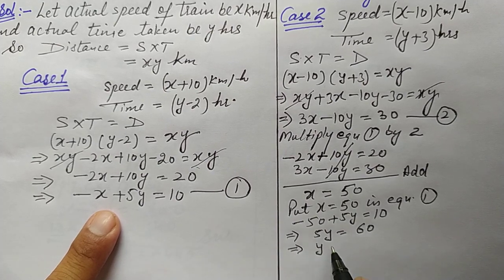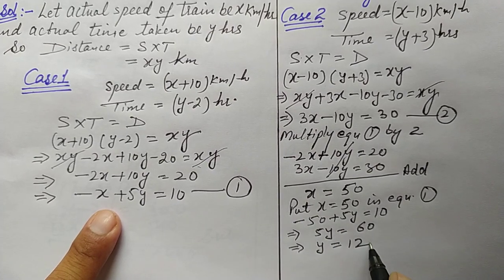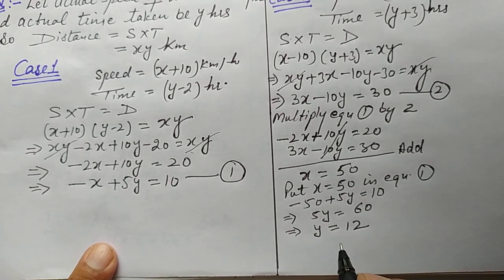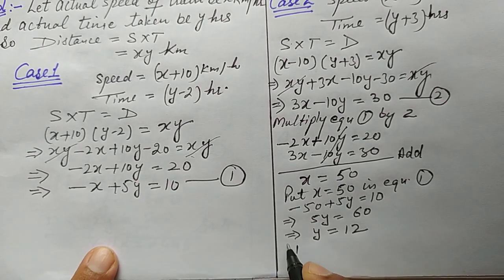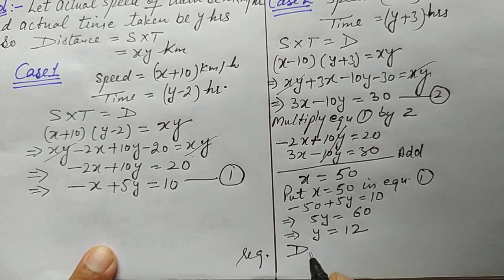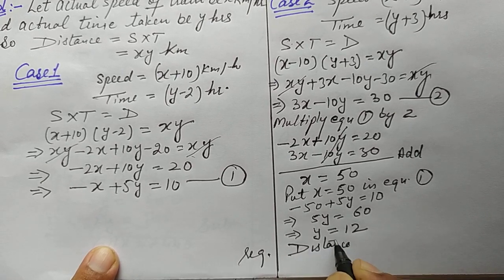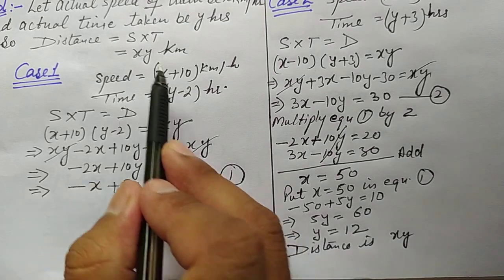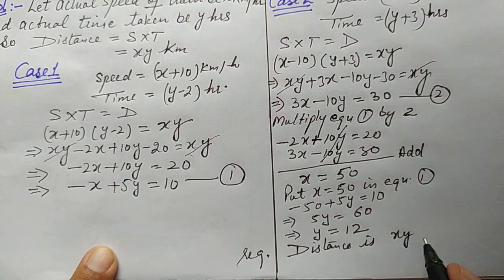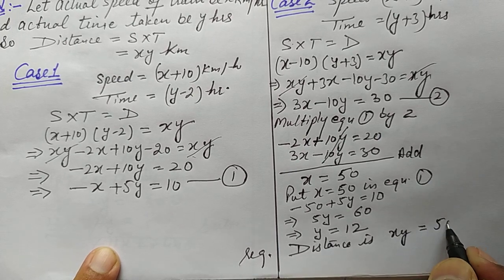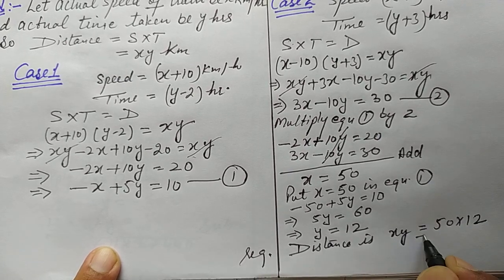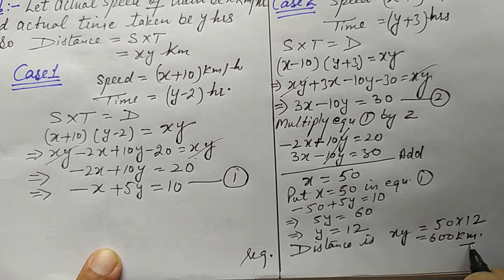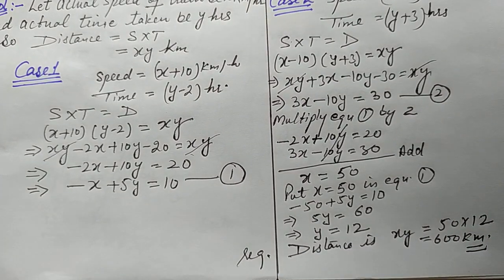So y is 60 over 5, that is 12. Now we need to find the distance. The required distance is xy. Here we have found this xy, where x is 50 and y is 12. So that is 600 kilometers, the required distance here. So this way we will solve this question.